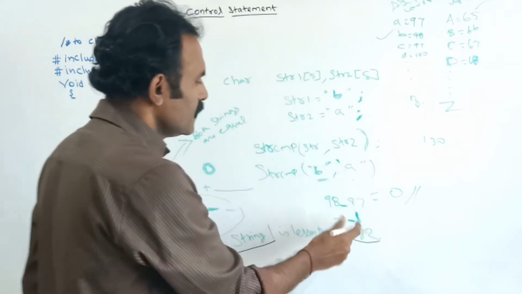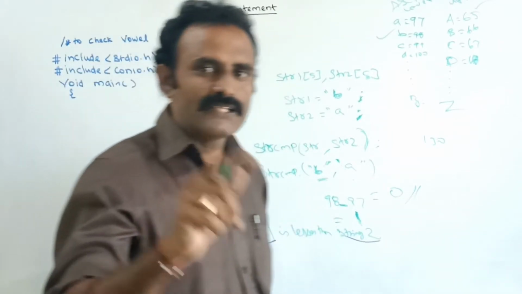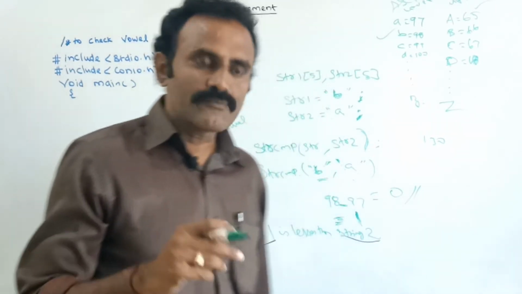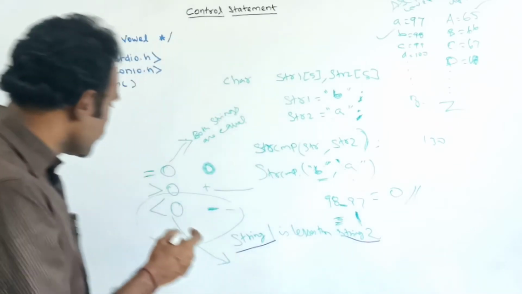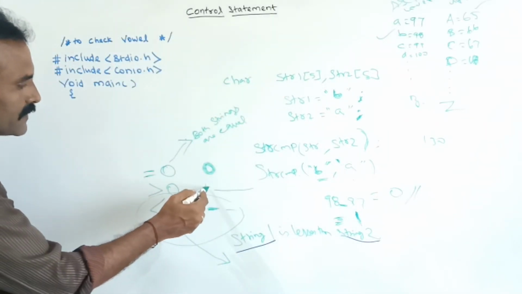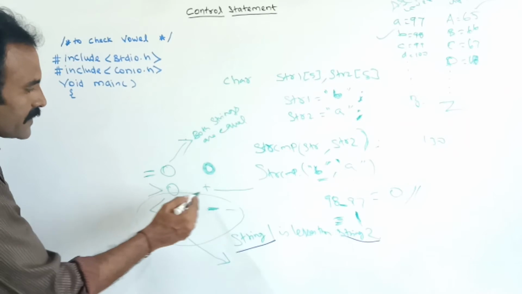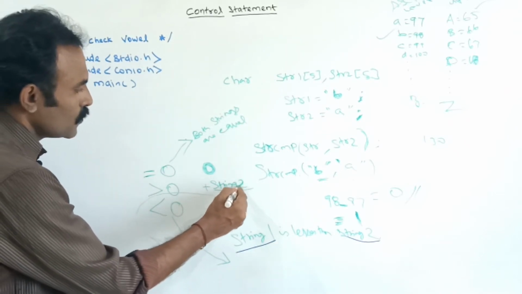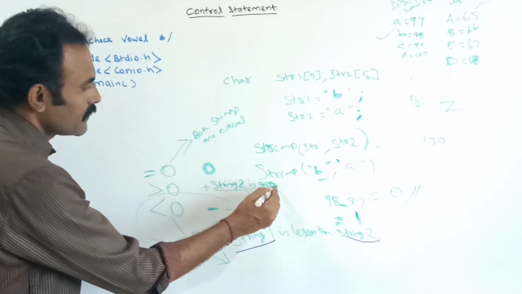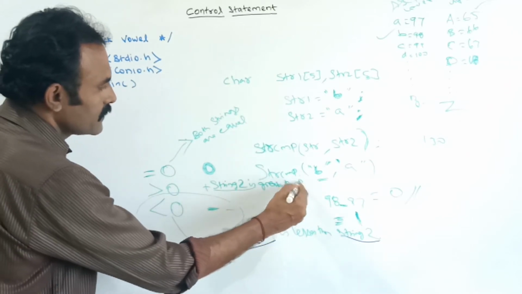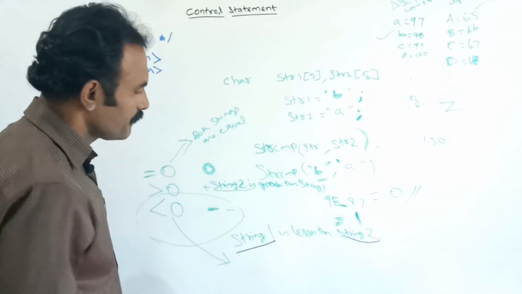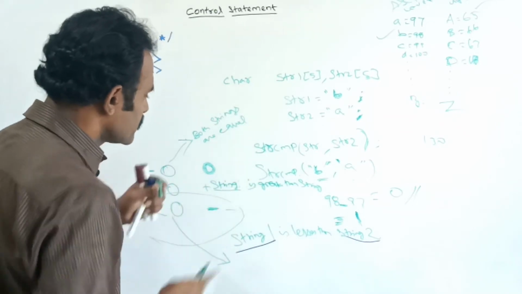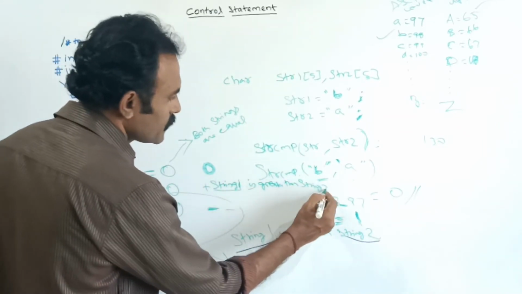So 98 minus 97 is 1. This is a positive number, which means it is greater than 0. If it is greater than 0, then string 1 is greater than string 2.